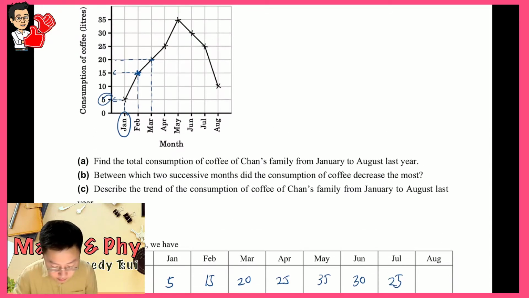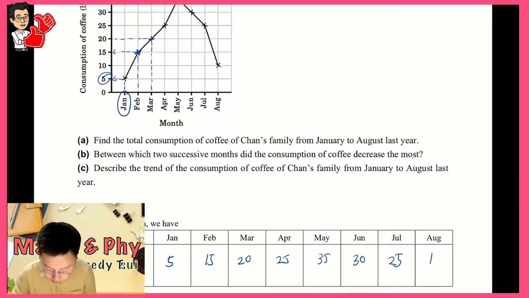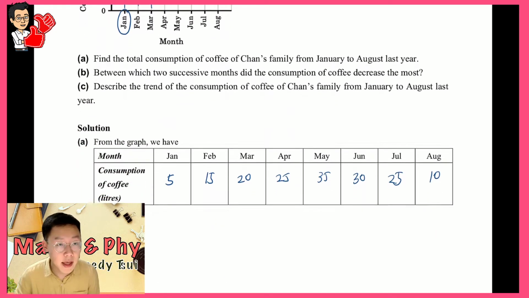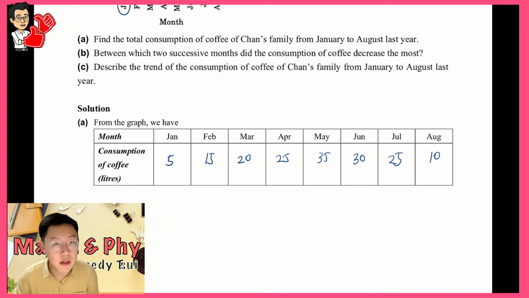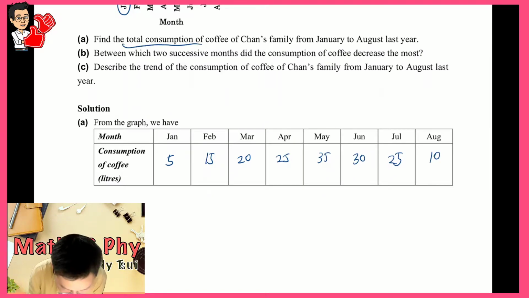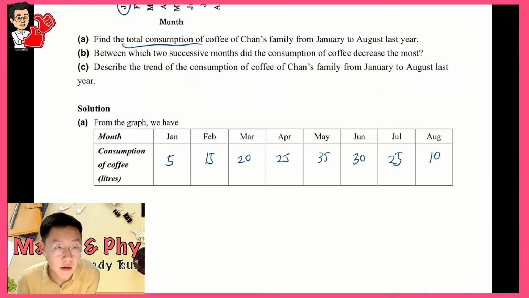And for August it should be 10. All right, we still have not finished the question, because the question asks you to find the total consumption of coffee. So we need to sum the consumption of coffee in all of these months.